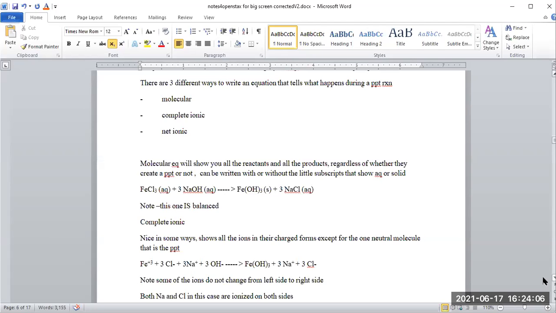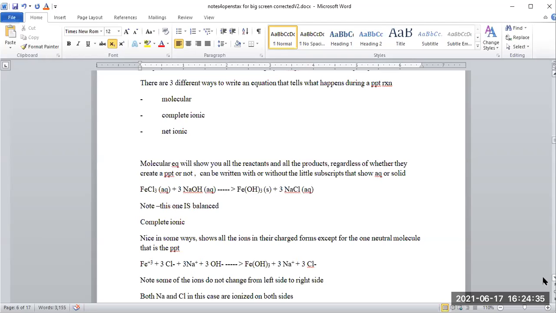Again, this is an aqueous solution. Using my rules, I determined that iron 3 hydroxide is the one that is my solid. And then sodium chloride is my leftovers. And table salt, sodium chloride, we know is soluble in water.